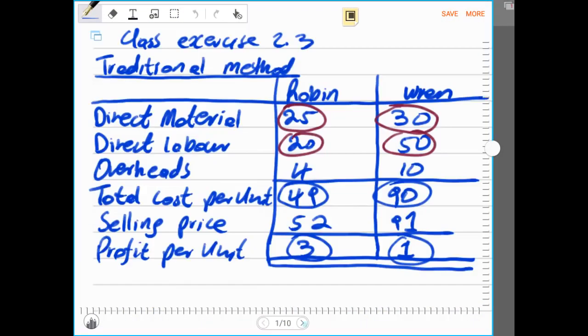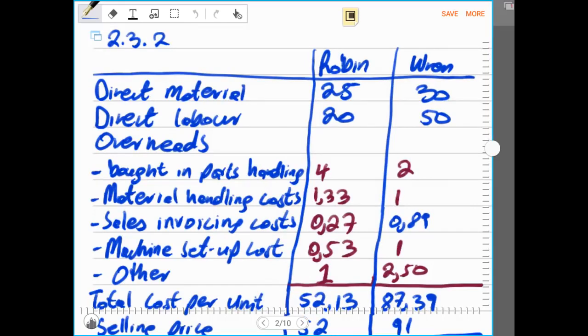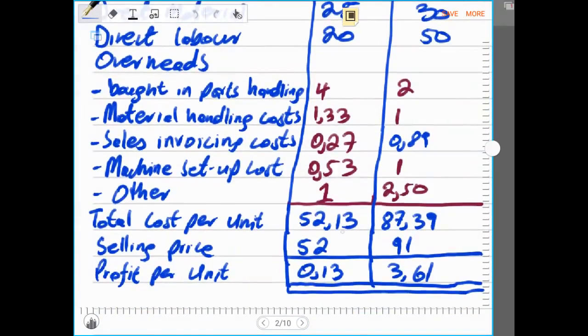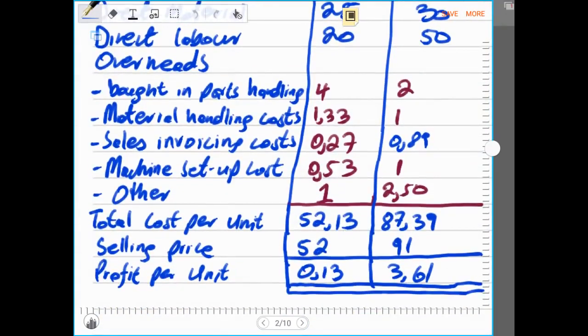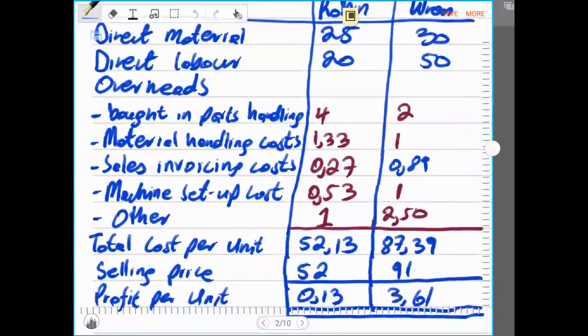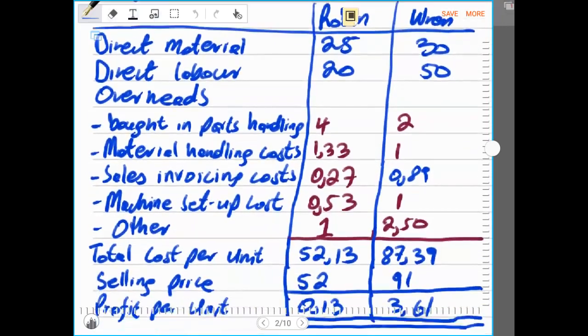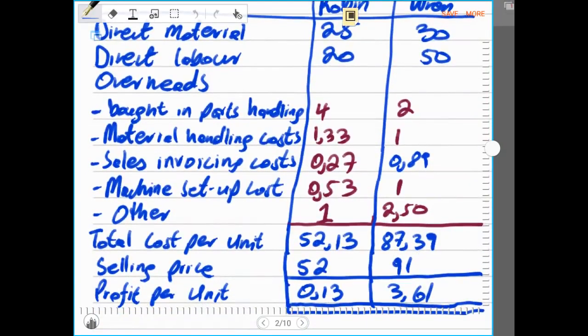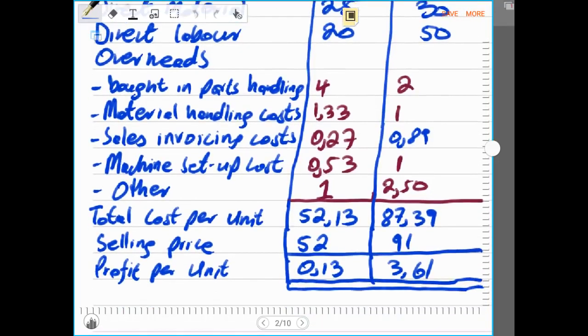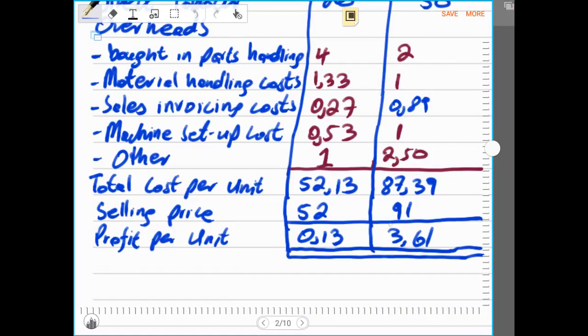So in the ABC method, we have a slightly higher cost of product Robben per unit, while the Ren product had a total cost of 90 rand using the traditional method, but in the ABC there is a slightly lower total cost per unit of 87 rand 39 cents.